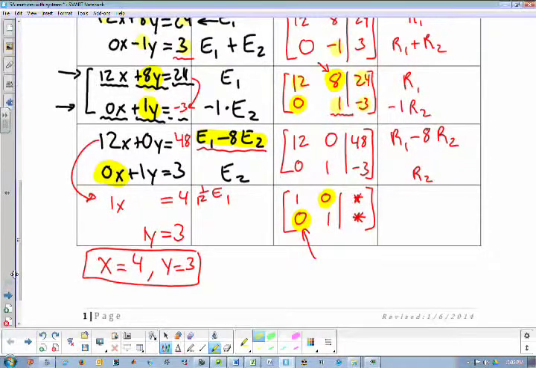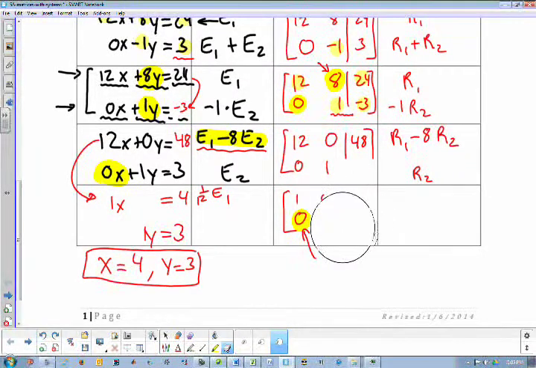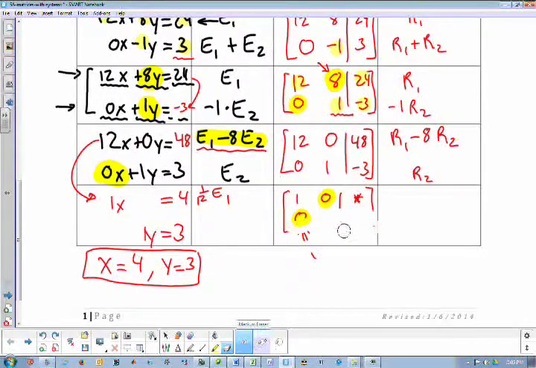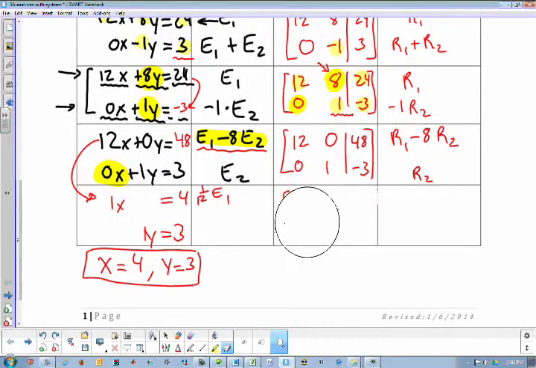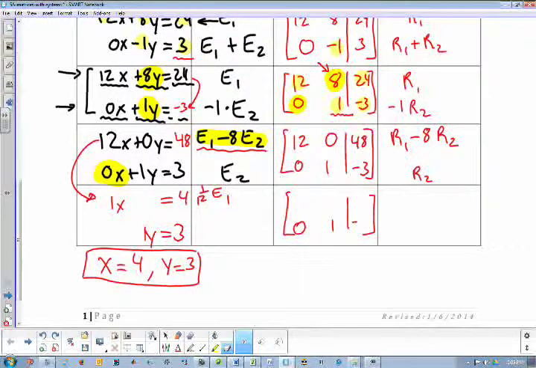Okay, let's back up here. All right, so the idea here is we now have the second row is just fine.